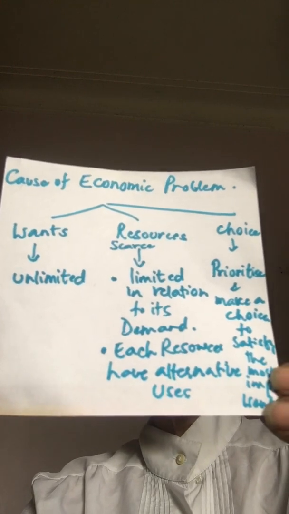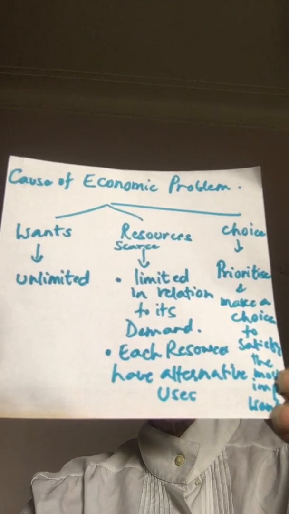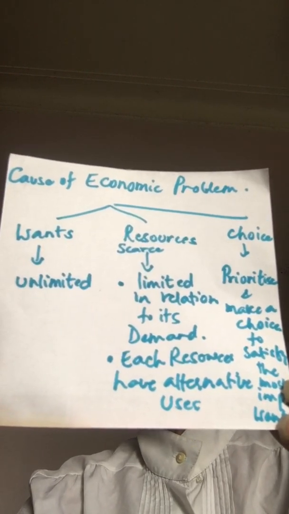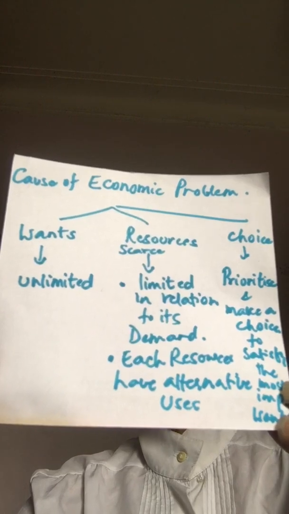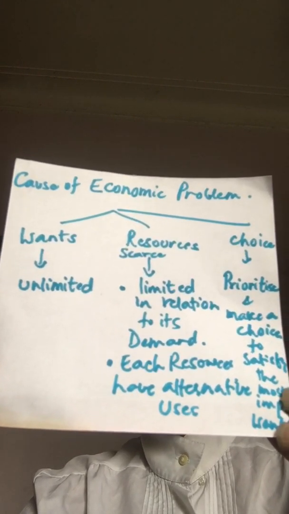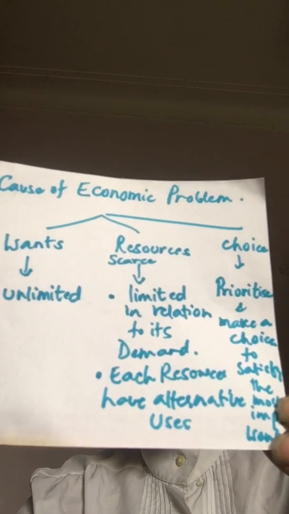If we look at these causes of economic problems, the first is unlimited wants. Wants are unlimited. And one characteristic of want is that if you do satisfy one want, another crops up. We are never satisfied, never, ever.